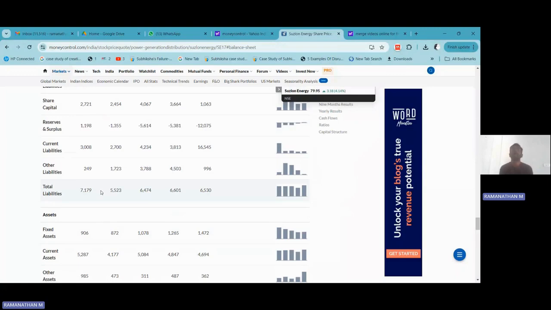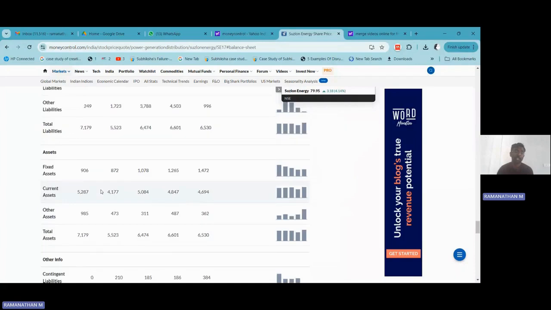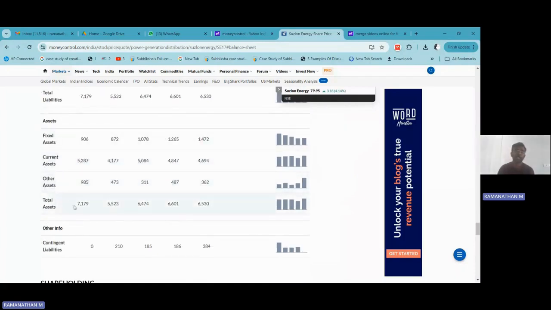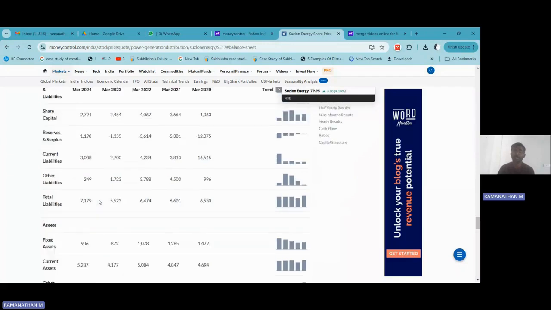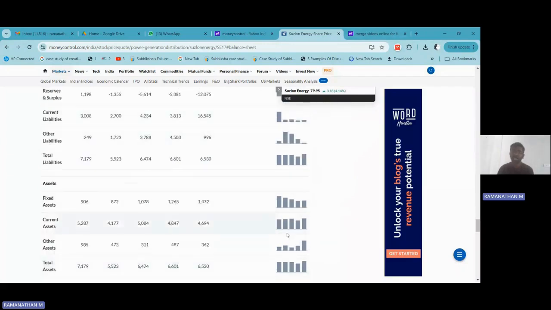It speaks about the stability and sustainability of the organization, because they have fixed assets, current liabilities, current assets, and other assets, and it's a good number to see. So it's a great one to invest in Suzlon Energy, and this is how you read the balance sheet and take a financial decision about that company.